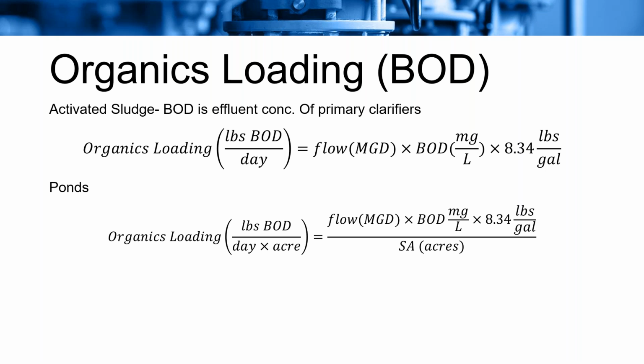So you would calculate this based on the BOD that is measured after primary clarification. Also for ponds, you might see the same type of equation where you're going to see the loading on the top, and then that's just divided by the surface area of the pond in acres.